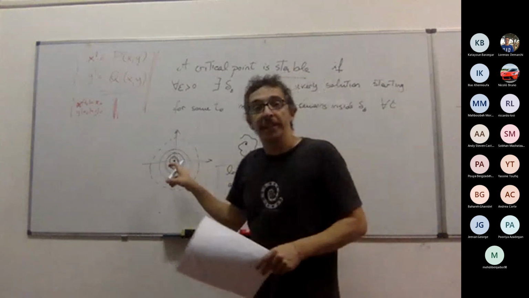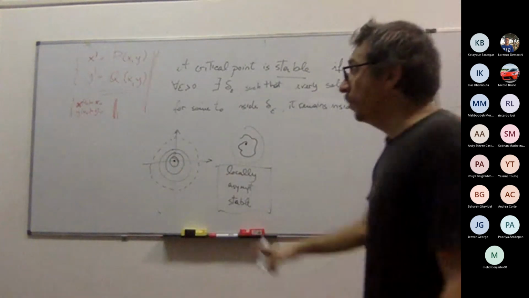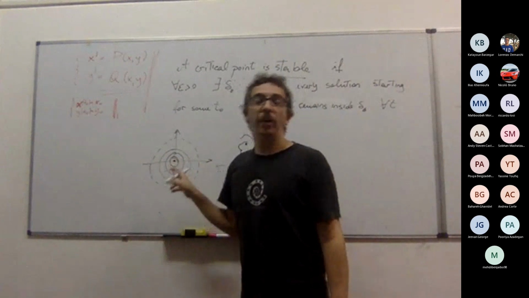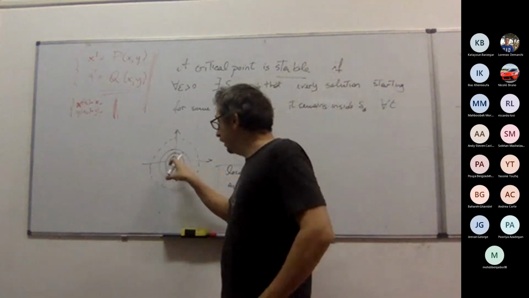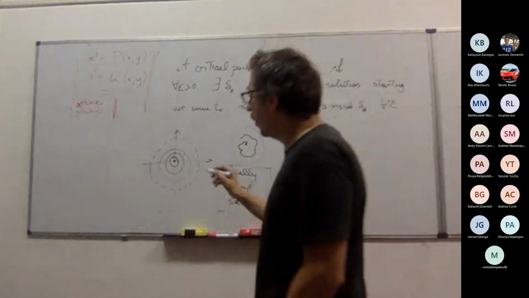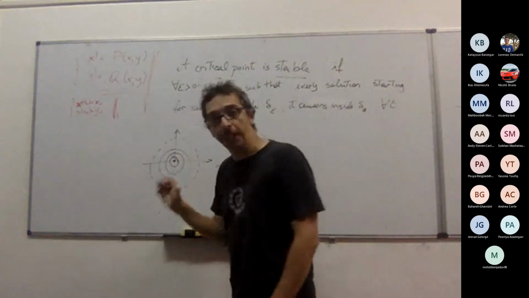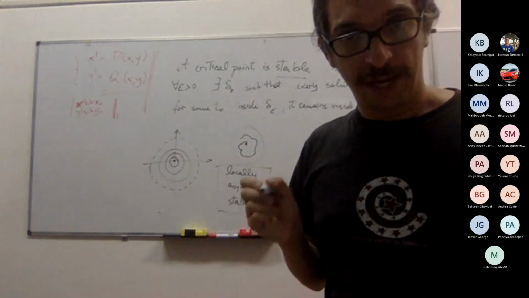We've said that the center is a stable point, but a center cannot be locally asymptotically stable, because the orbits are closed and so they are not approaching the critical point.